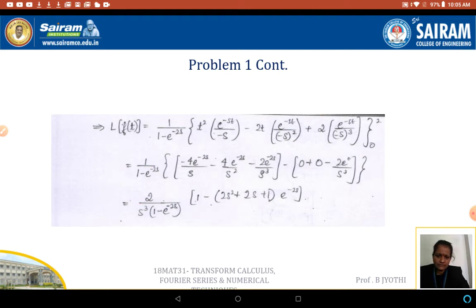Then this part becomes positive, and 2 is common everywhere, so 2 is taken outside. So 1 minus 2s square plus 2s plus 1 into e power minus 2s, because all these three have e power minus 2s, whereas for this nothing is there, so it is only 1. This is how we are going to solve the periodic function.